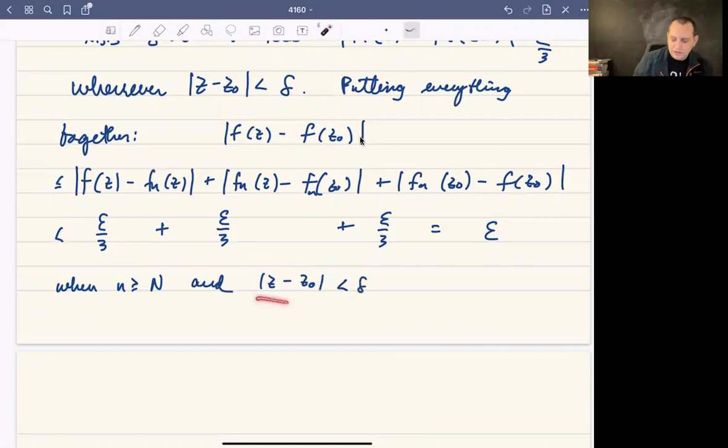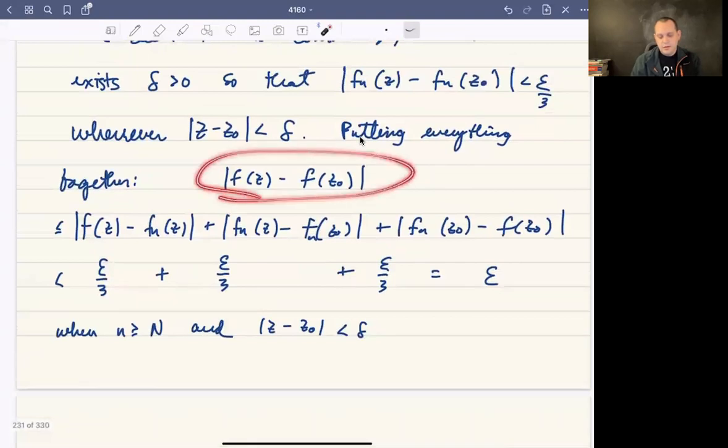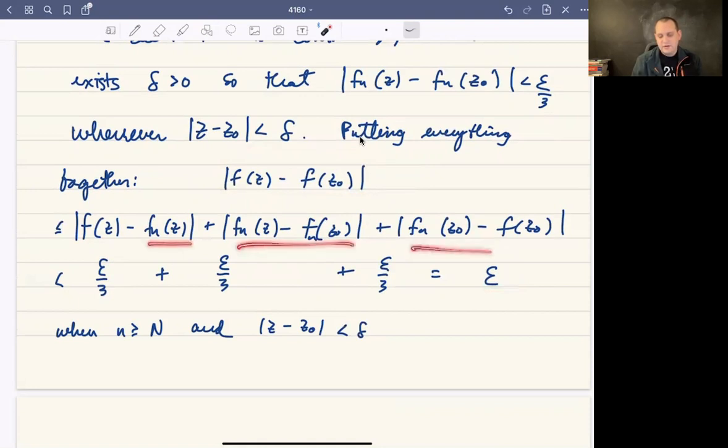And so in particular, if |z - z0| is less than delta, then |f(z) - f(z0)| is less than epsilon. And since you have little n's here, you need that to happen when little n is sufficiently large as well. But altogether, this is what we get. So it turns out that if you have uniform convergence of continuous functions, the limit is also continuous.